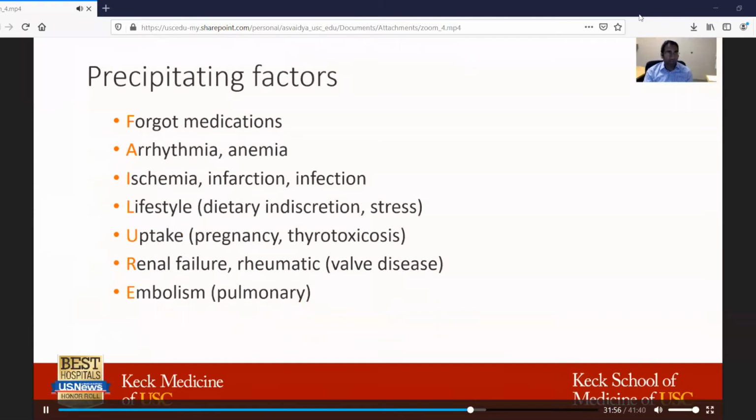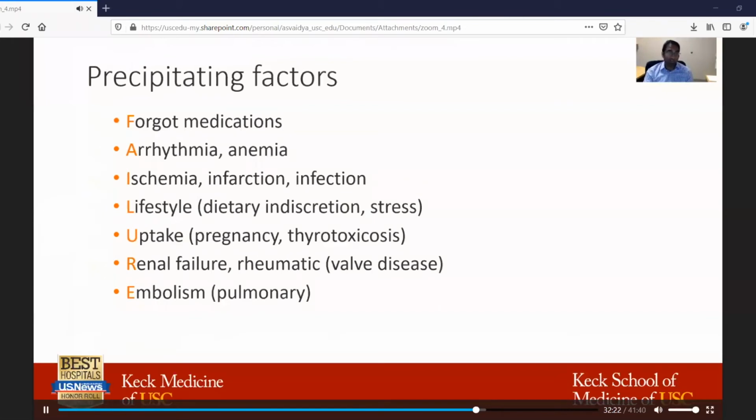So in terms of figuring out the cause, here's a helpful mnemonic called FAILURE. The first being whether they forgot taking their medications, whether they're diuretics or guideline-directed medical therapy. Whether things like arrhythmia or anemia could cause an exacerbation, things like ischemia, infections, dietary indiscretion or stress.